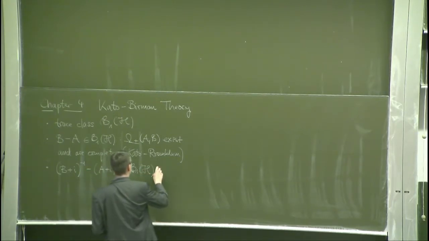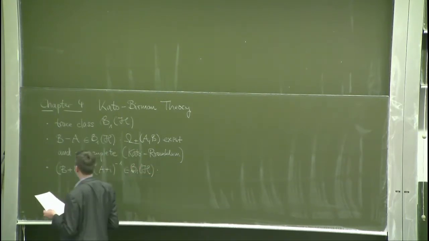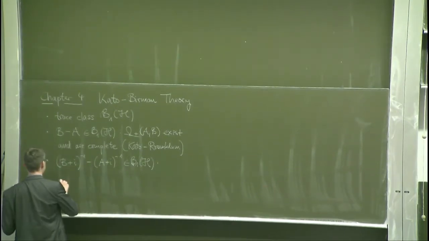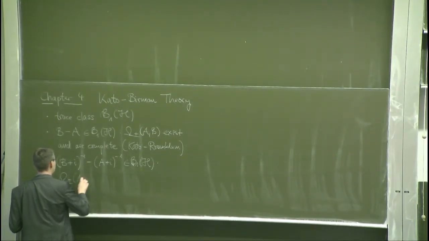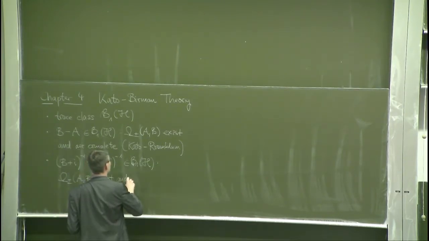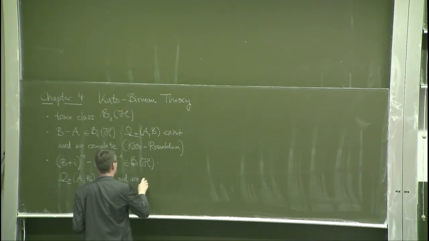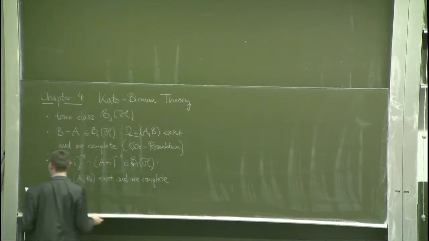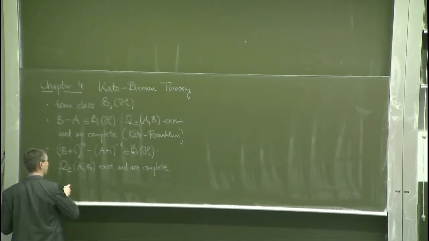And then we can show that, again, omega plus minus of A, B exist and are complete. This is the so-called Kuroda-Birman theorem.